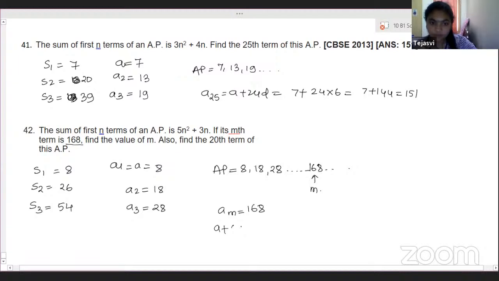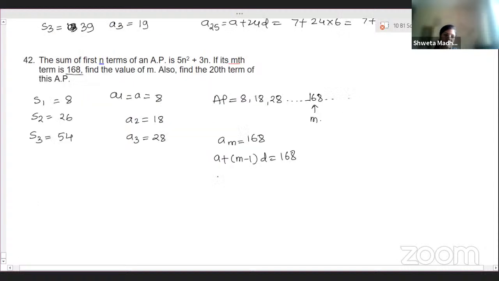A plus m minus 1 into d is equal to 168. A is 8 plus m minus 1 into d is 10 is equal to 168. So 8 will be transferred. m minus 1 into 10 is equal to 160. m minus 1 equal to 16. m is equal to 17.